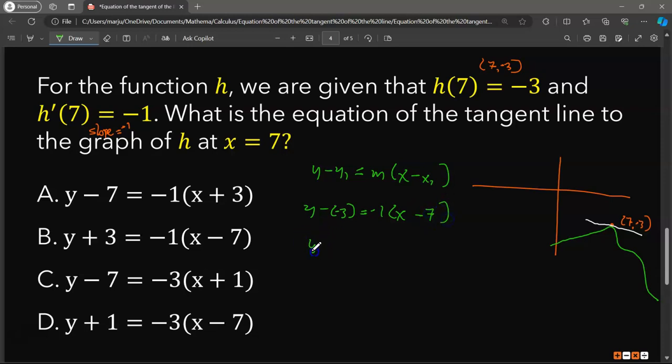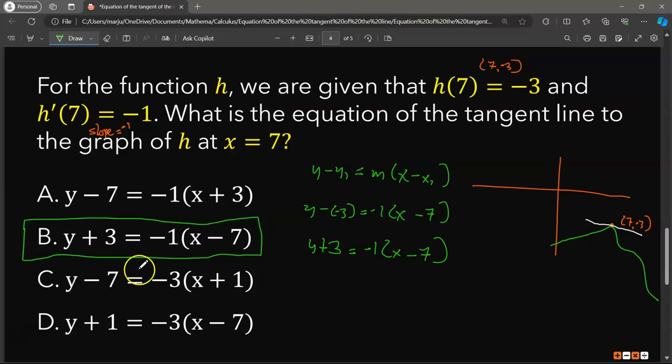This gives us y plus 3 equals negative 1 times x minus 7. That is letter B. So that will be our answer for this item.